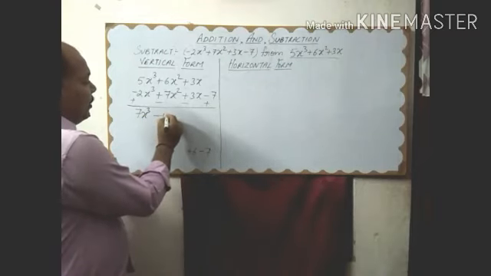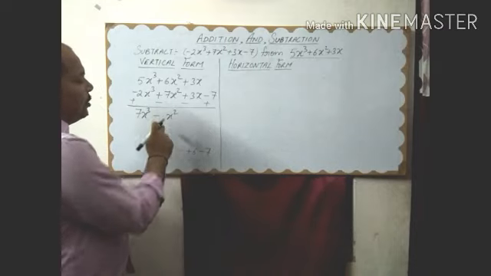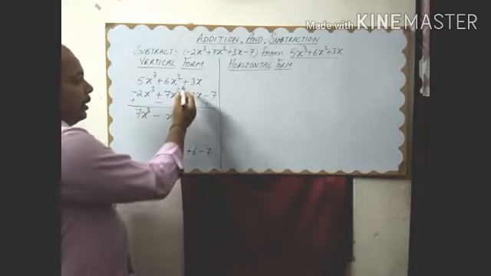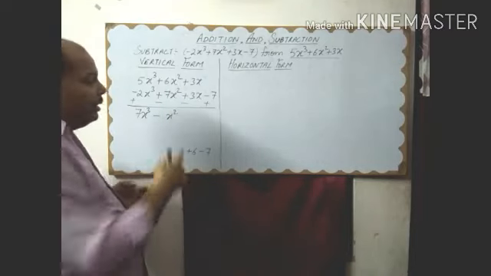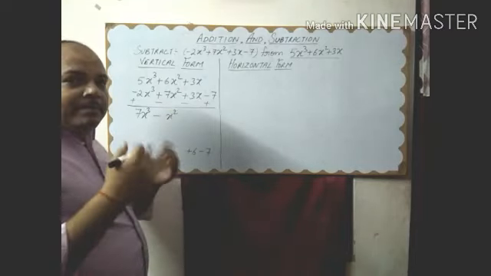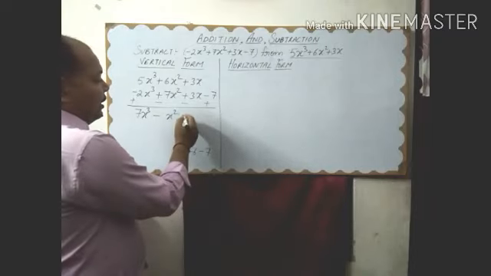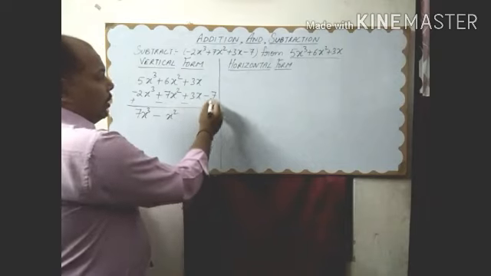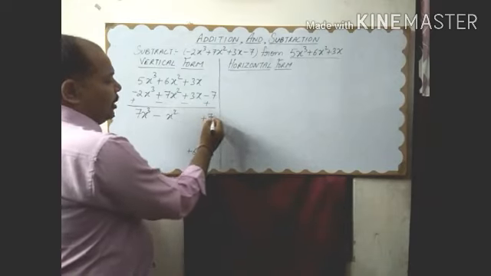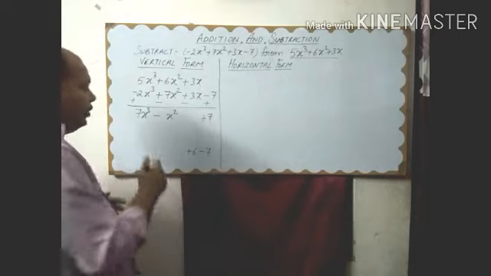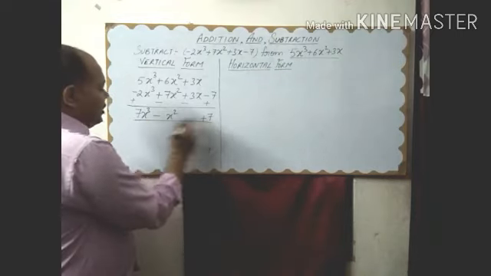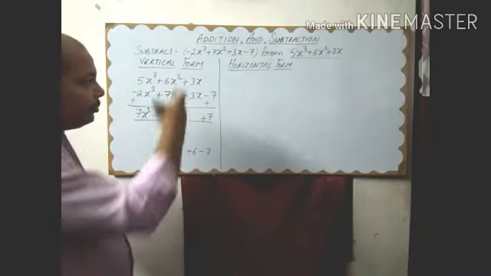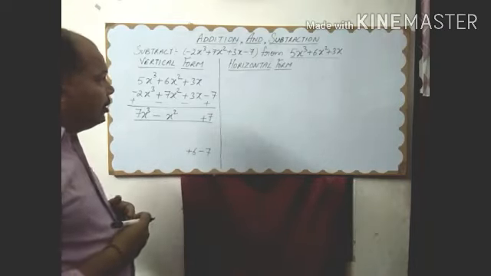So you can write minus 1x square or only minus x square, right? So here it was plus 3, now it is minus 3. So plus 3 minus 3 is 0. So you will write here 0x or leave it, okay. Now plus 7 remains plus 7. Clear? So the answer will be 7x cube minus x square plus 7. Clear? Now come to the horizontal form.